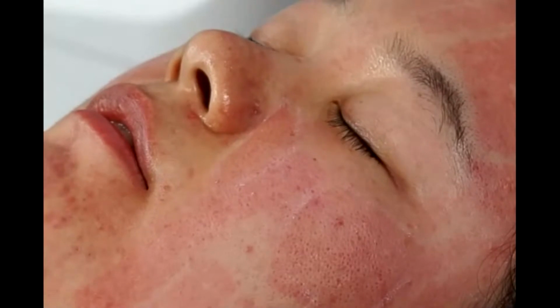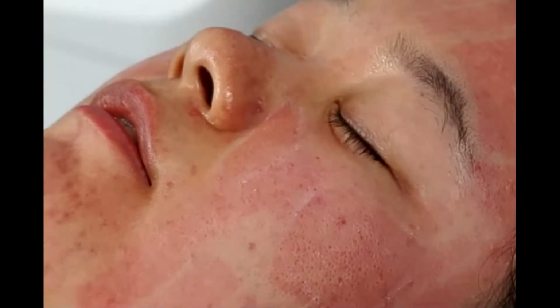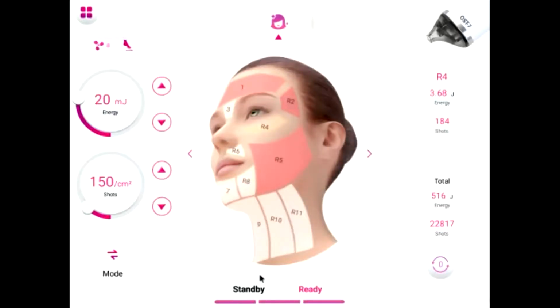Okay, the eye area is already done. Now we will start with the nose, with 3.